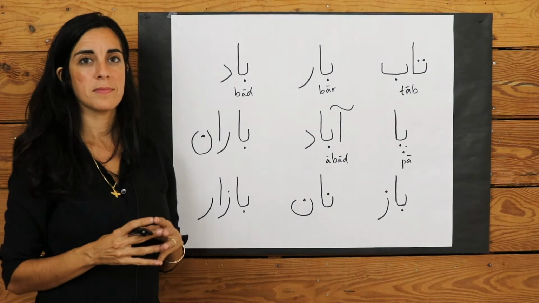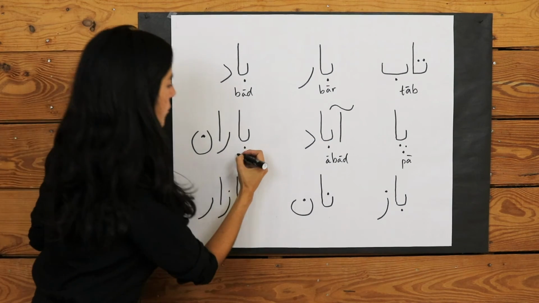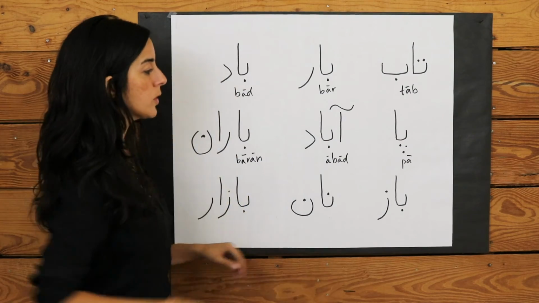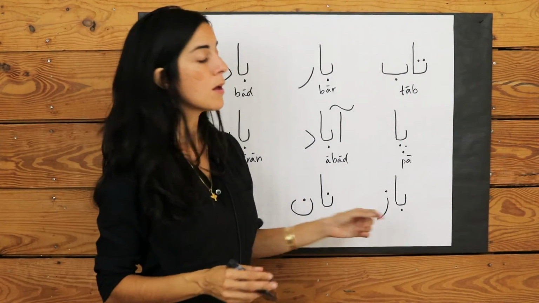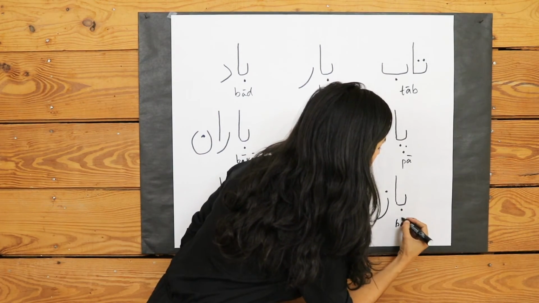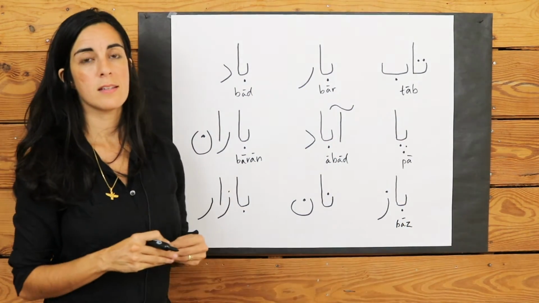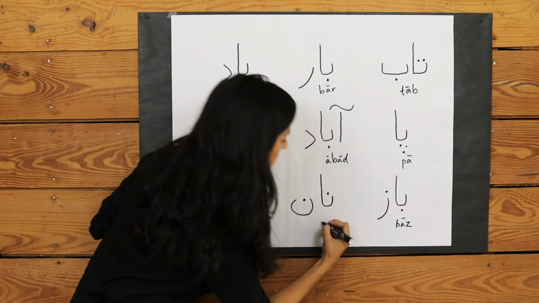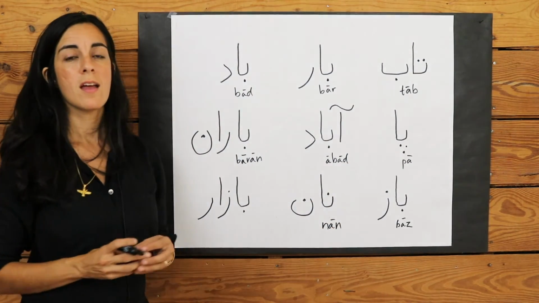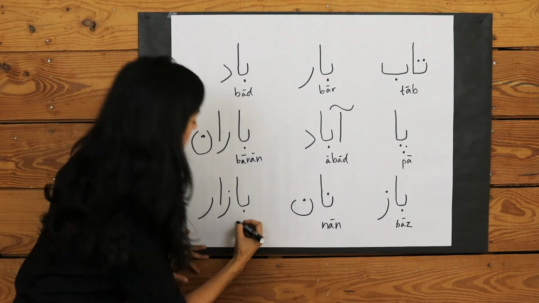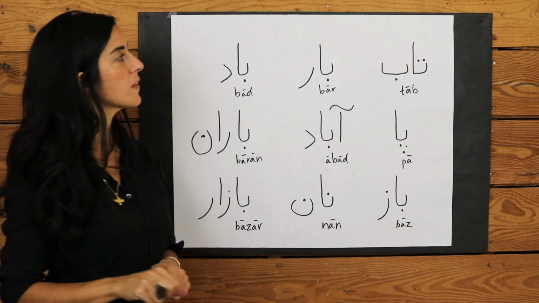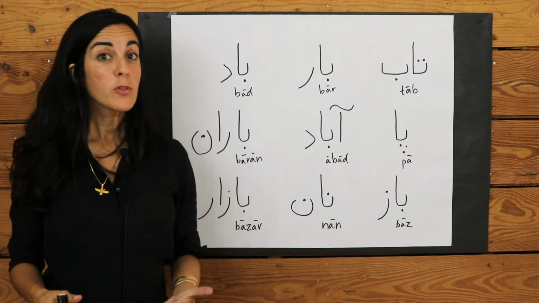Next, baran, rain. Nice 5-letter word. Next, baz, meaning open. Next, non, meaning bread. And finally, bazar, meaning marketplace. And hopefully you got all those.